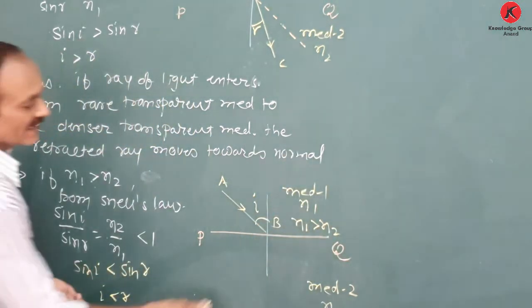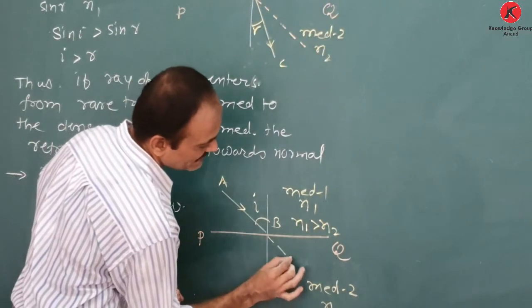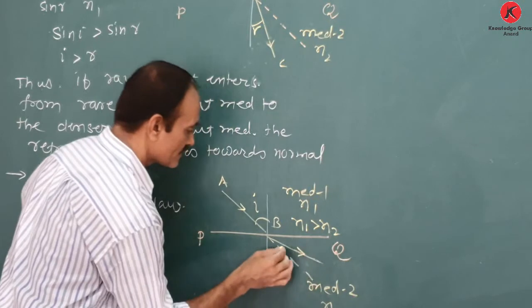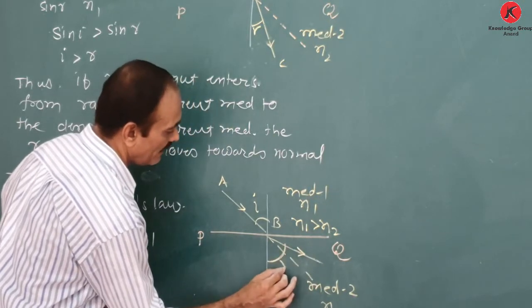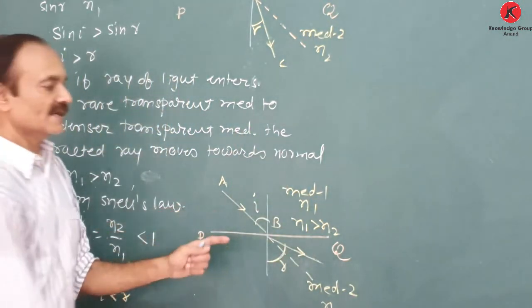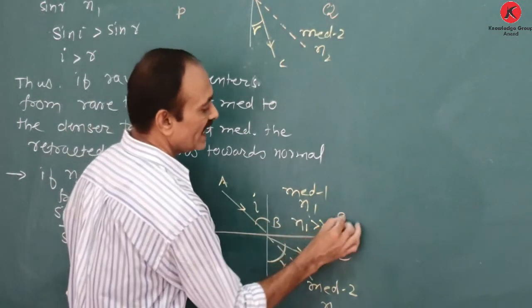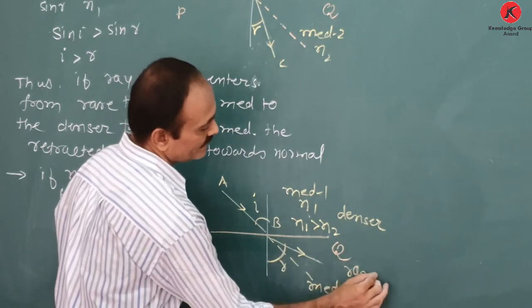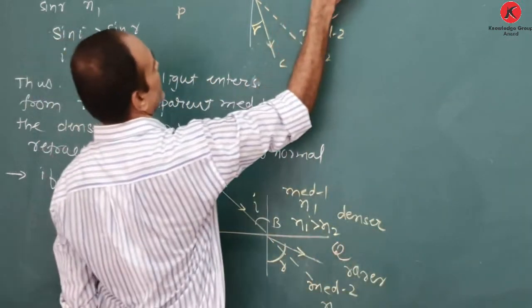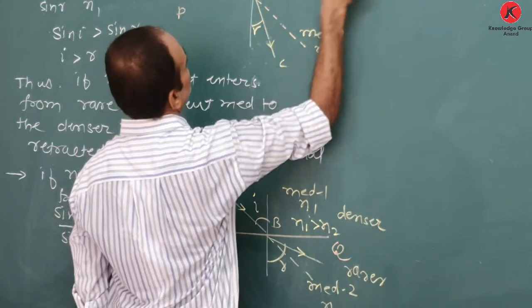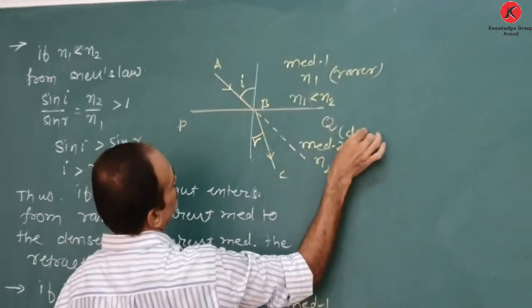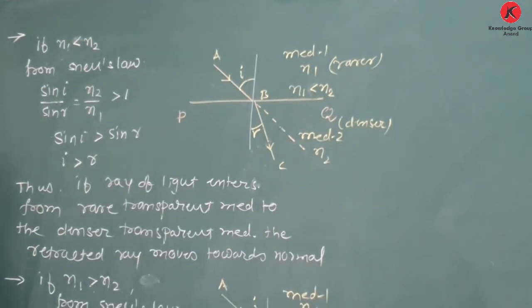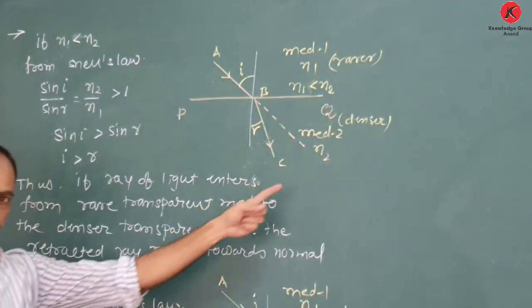At that time, the refracted ray bends away from the normal, this way. So that is the angle of refraction. Here there is the denser medium, and here there is the rare medium. So we can add here the description.